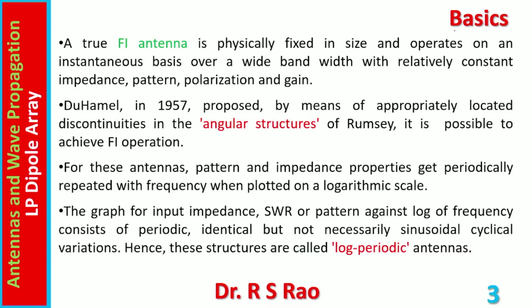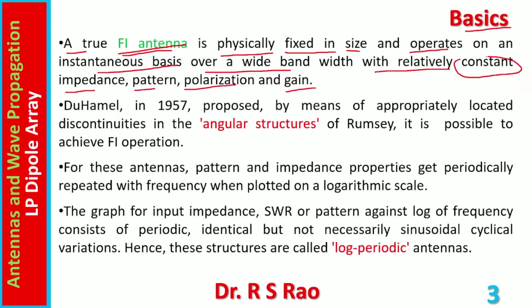Some more basics. A true FI antenna, frequency independent antenna, is physically fixed in size and operates on an instantaneous basis over a wide bandwidth with a relatively constant impedance, constant pattern, constant polarization, and constant gain.